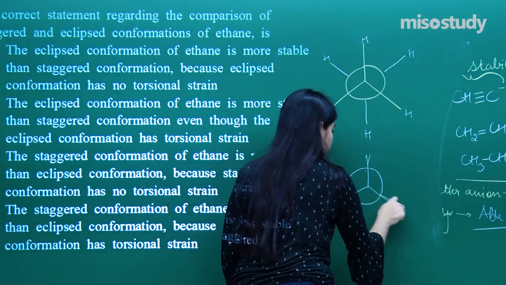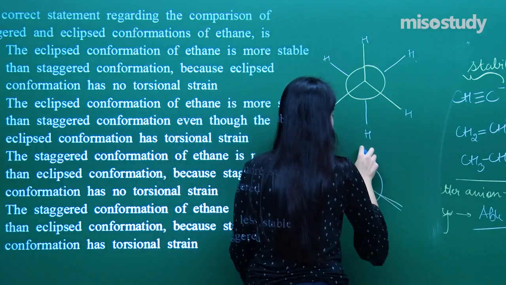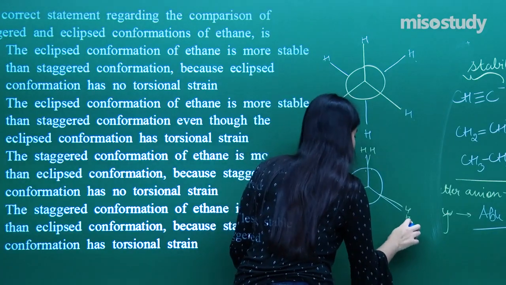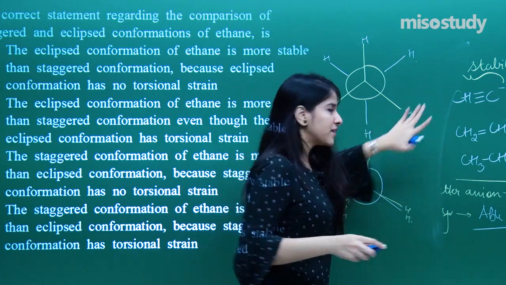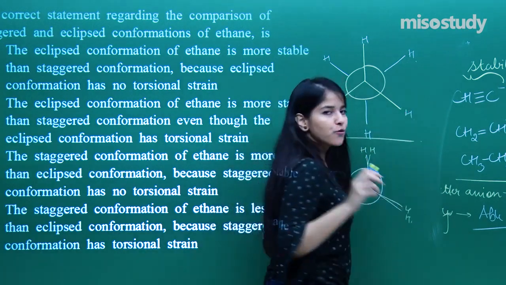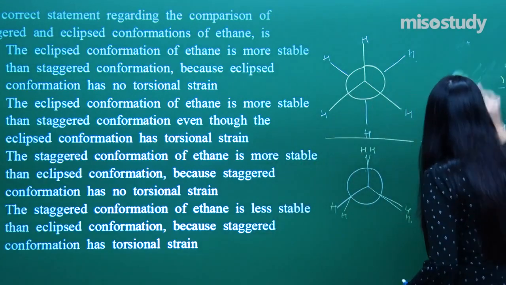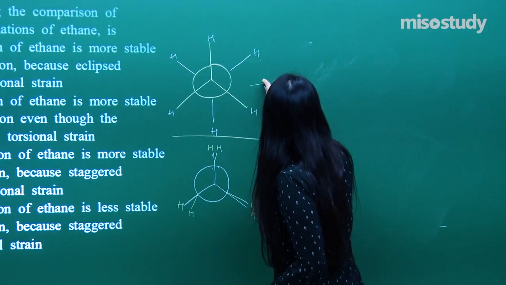One of them has the least repulsions. That means this is staggered, I hope you all have recognized this.